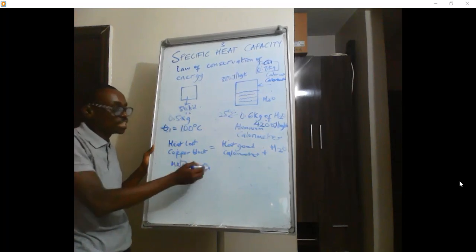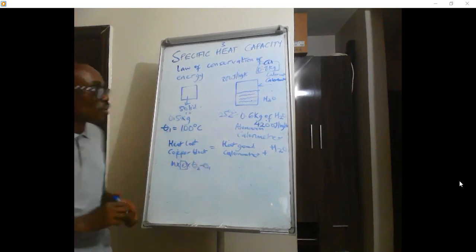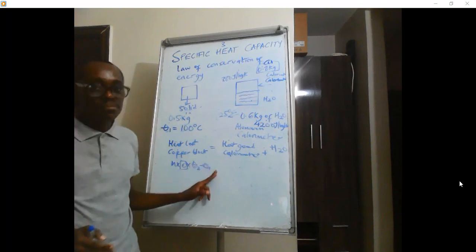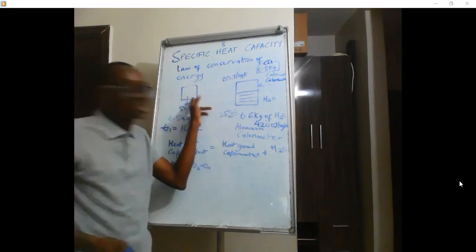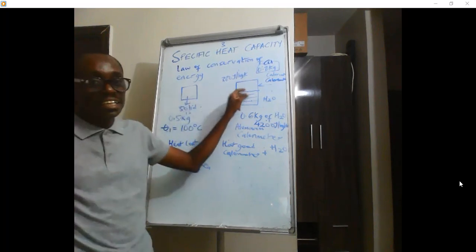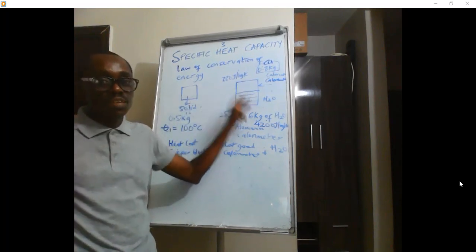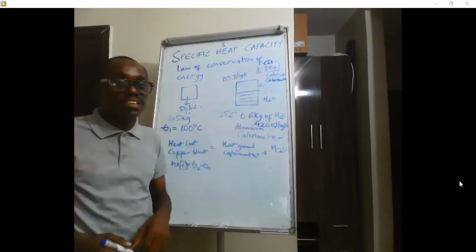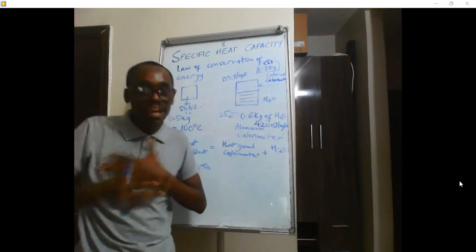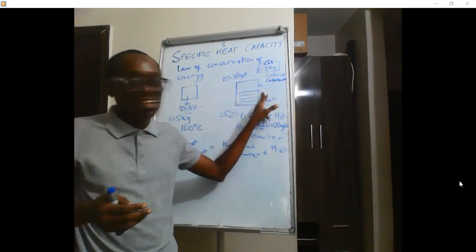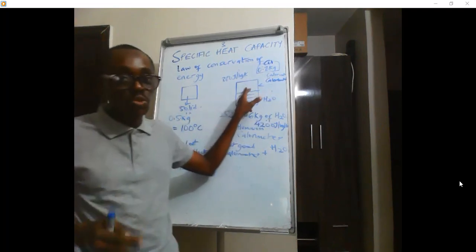Then the temperature change. Okay, before we get to the temperature change, when you put this block inside the water in the calorimeter, what is going to happen is that the solid is going to lose heat. The water will not absorb it. The copper calorimeter will absorb it, while the solid you have introduced will lose it.